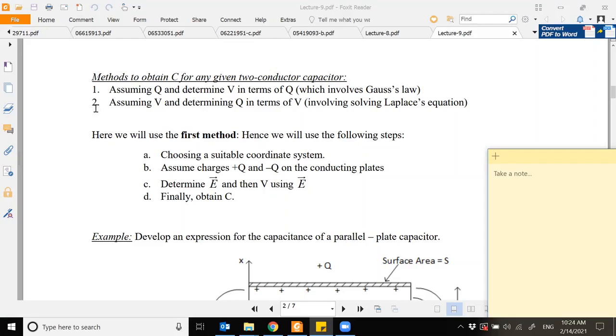Second method, when a potential difference is given to us, then we will determine the charge on any one conductor in terms of the potential difference, and this involves solving Laplace equation. So this is our next step. So in today's class, we are going to look at number 1. Okay, that means when we know the charge on our conductor.